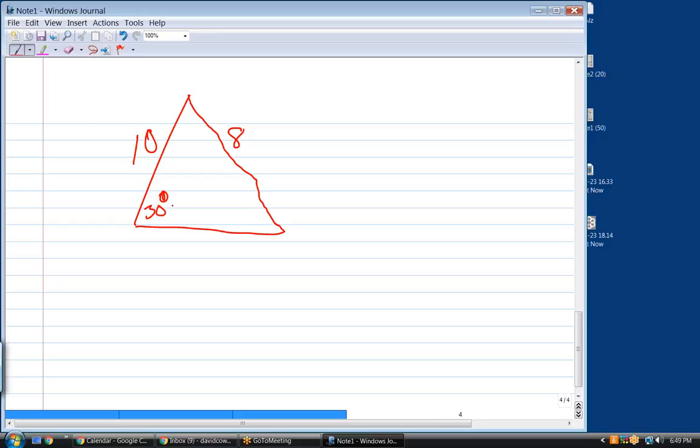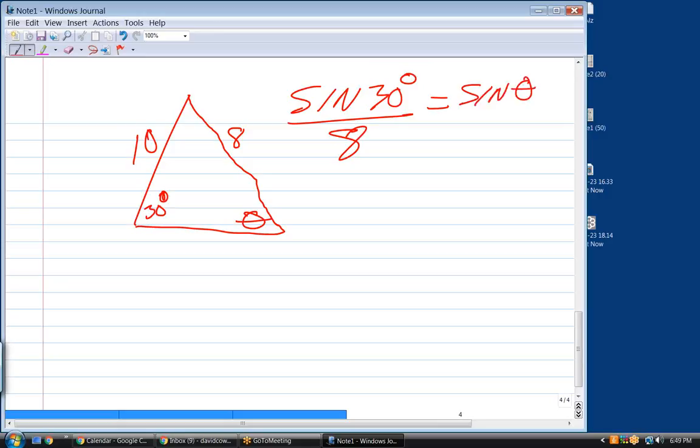So the only time you have to worry about the ambiguous case is when this angle is less than 90 degrees. All right. So I start off by saying the sine of 30 divided by 8 equals the sine of theta divided by 10. Well, that's a number.